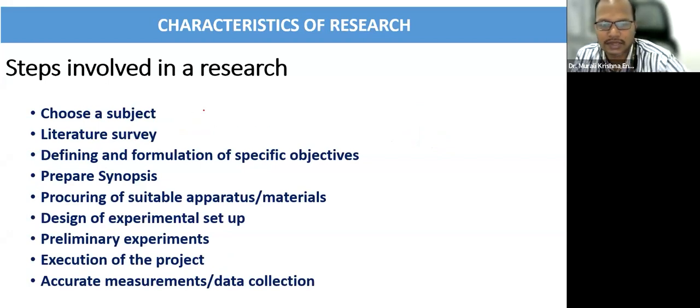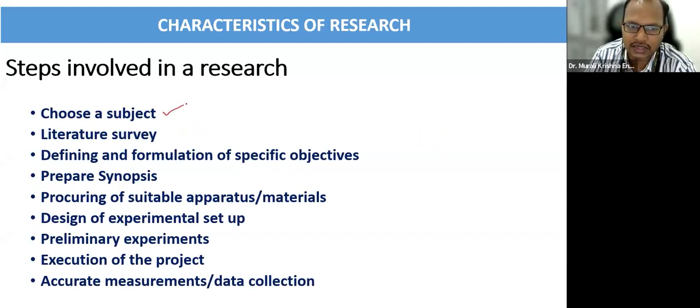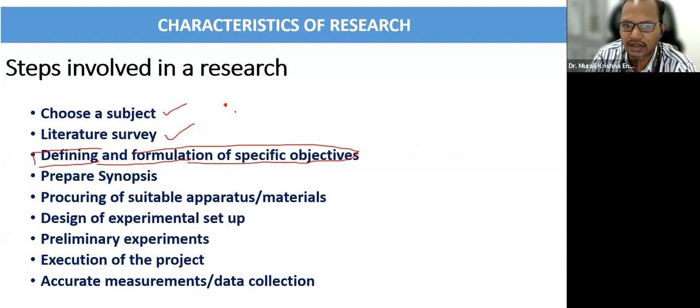So there are different steps involved in research. As I said, the topic you have chosen, and we discussed the literature survey. That is defining and formulating the specific objectives, a step you make initially.